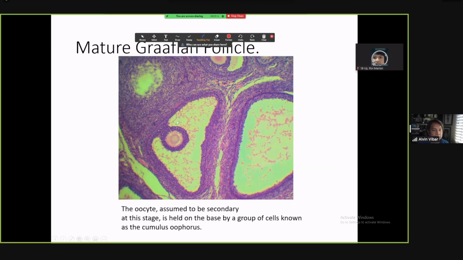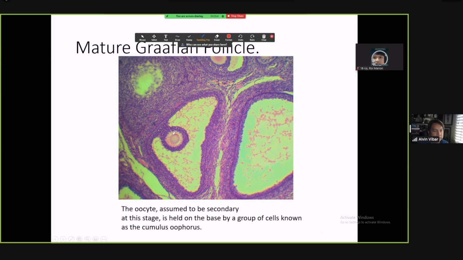You have a well-developed antrum here. You have the oocyte, and this stage of development is your secondary oocyte, which is immediately surrounded by zona pellucida, and this one we call your corona radiata.